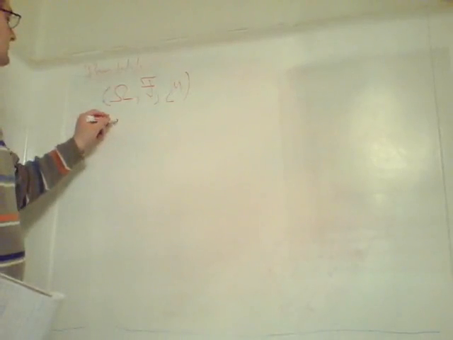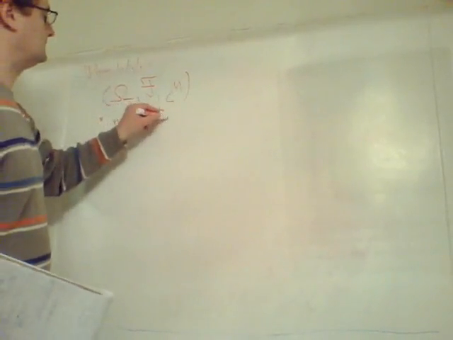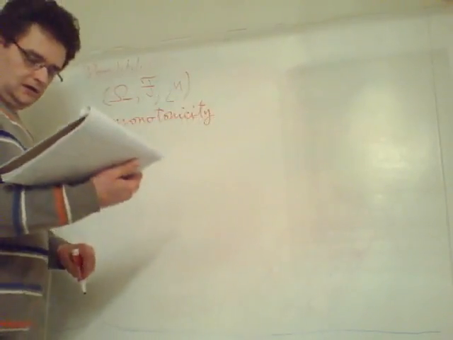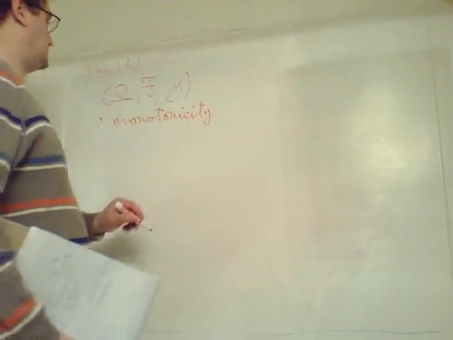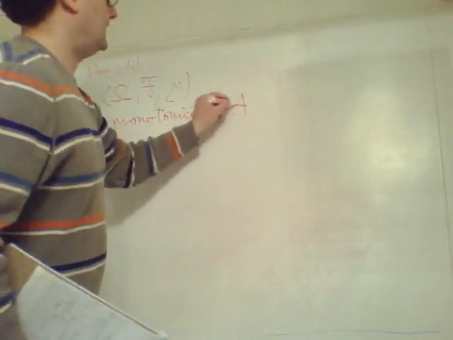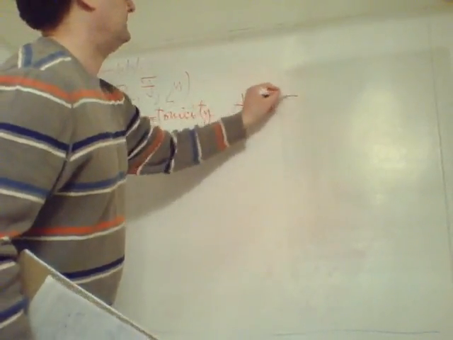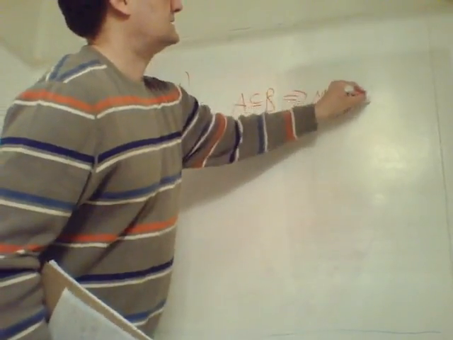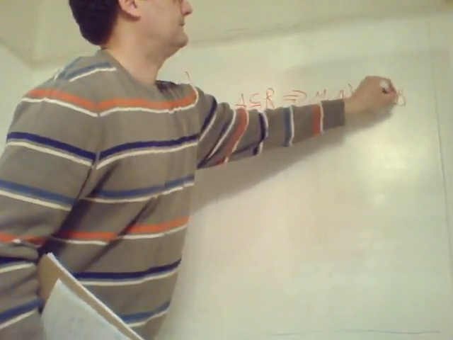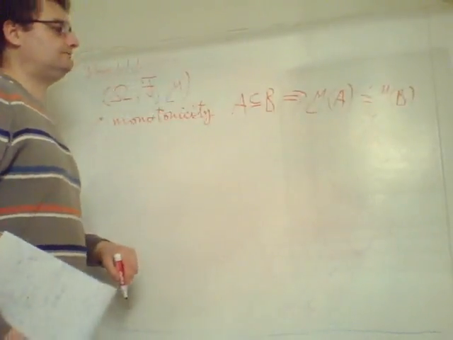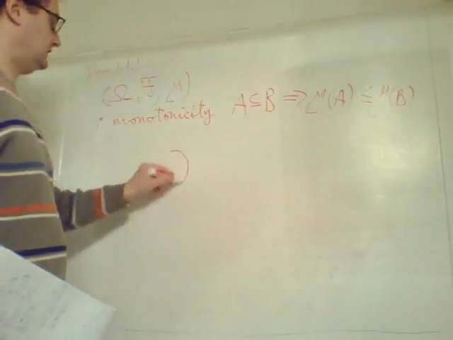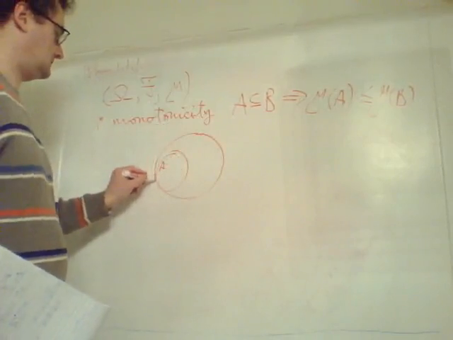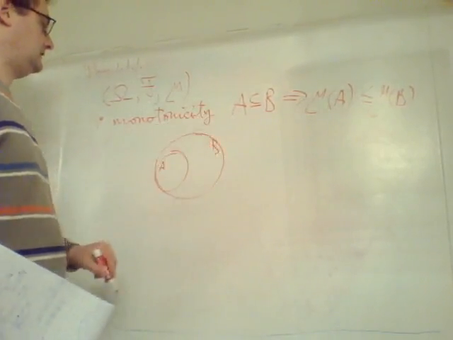monotonicity. Monotonicity says that if A is a subset of B, then mu of A is less than or equal to mu of B. Why is it so? Well, if A is a subset of B, we have a picture like this. Alright?